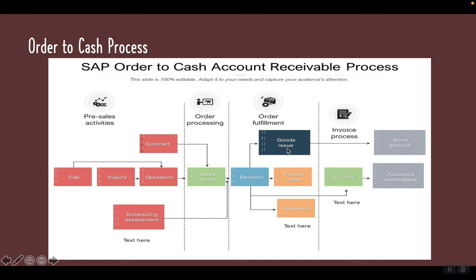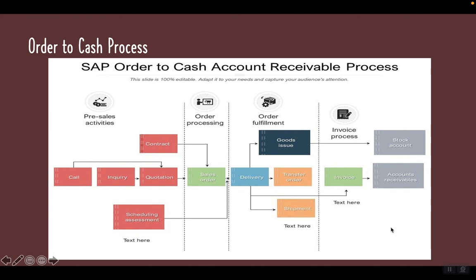As part of this, we are also concerned about the goods issue, where the product transfers from our ownership, the company's ownership, to the customer's ownership, and then the creation of an accounts receivable from the customer side, and then the generation of an invoice.